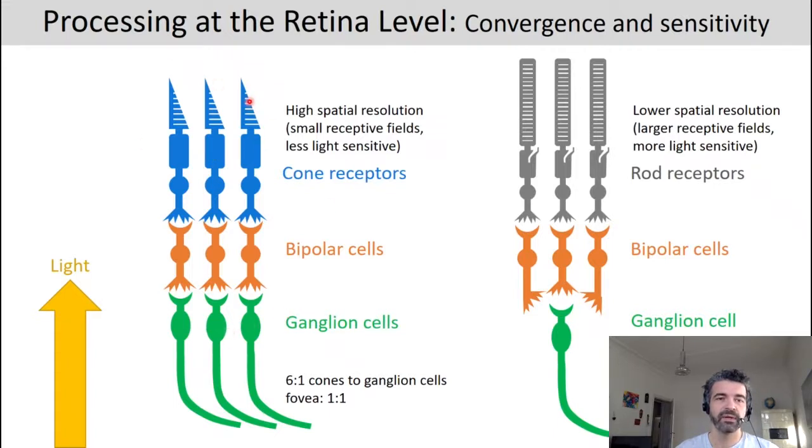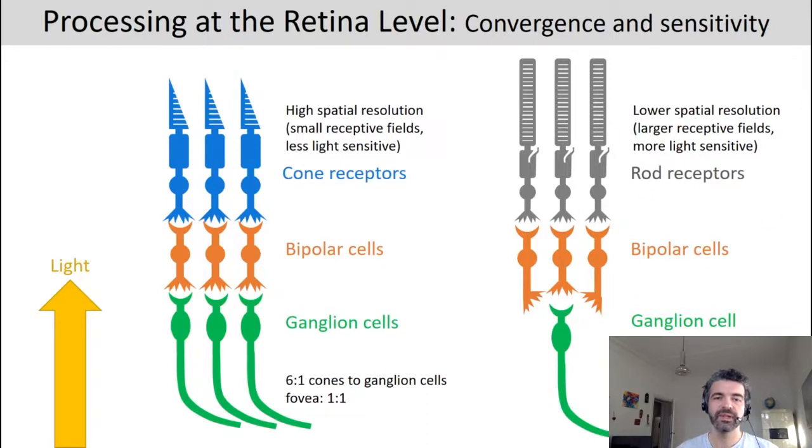As a result, we have relatively small receptive fields, and as another result, we also have a very low light sensitivity. That means that only if the cone receptor here receives enough input, enough physical energy, like photons, will this ganglion cell fire. It is not supported, so to say, by any neighboring cone cells.